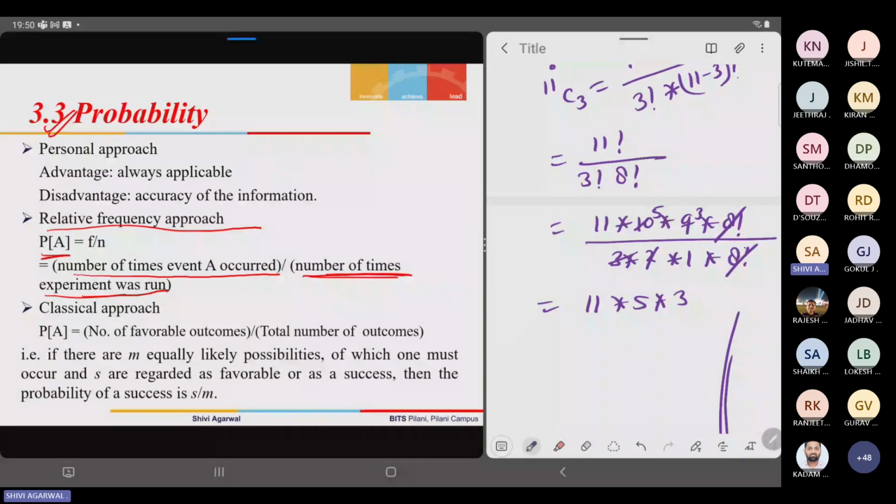We are running the experiment, and the number of times we run the experiment comes in the denominator, and the number of times that particular event A occurred is in the numerator. That is known as the relative frequency approach. Another example we can make for that. Next is the classical approach.